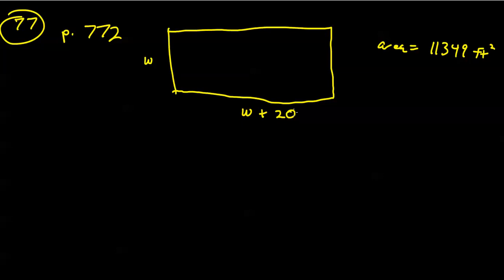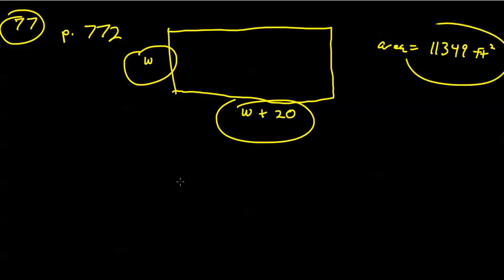We can easily get an equation of degree 2 to hopefully solve with the quadratic formula, because I know in a rectangle, width times length equals area. So let me write that down. Width times length equals area in any rectangle.